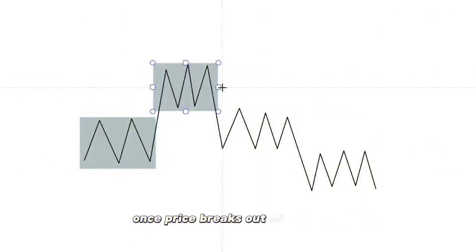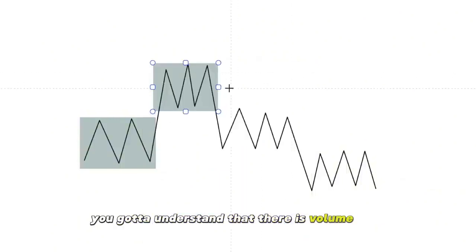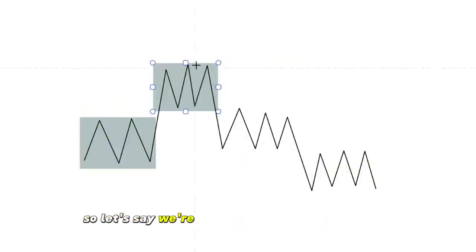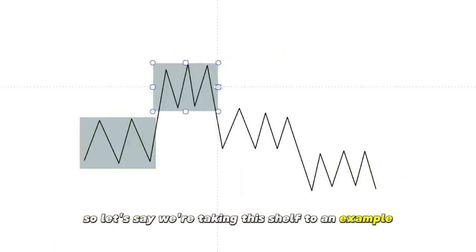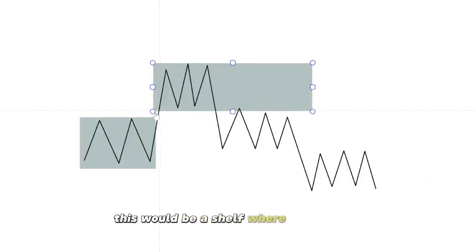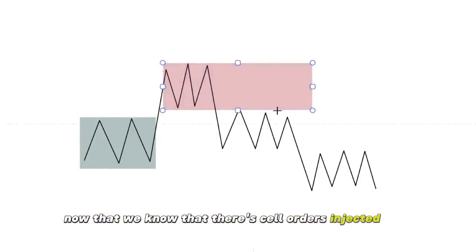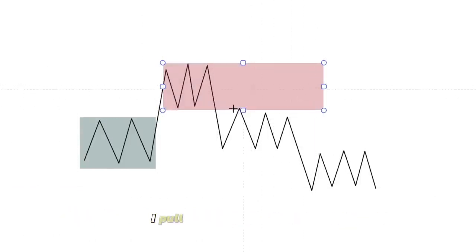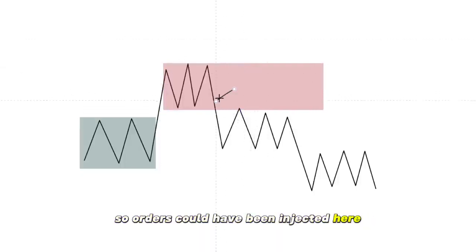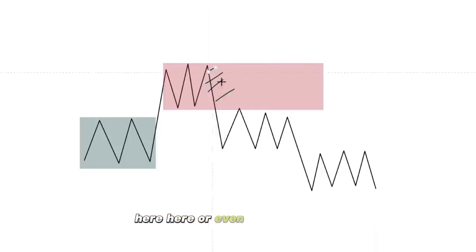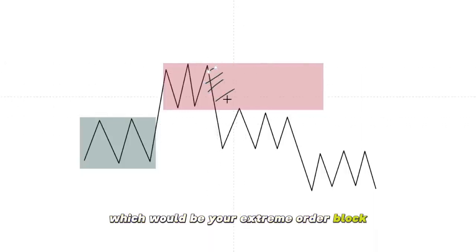Once price breaks out of the shelf, you've got to understand that there is volume here. So let's say we're taking this shelf as an example. This would be a shelf where a lot of sell orders were injected. So now that we know there are sell orders injected here, and price pulls back to this area, we understand that there are orders laying here. Sell orders could have been injected here, here, here, or even at the extreme, which would be your extreme order block.